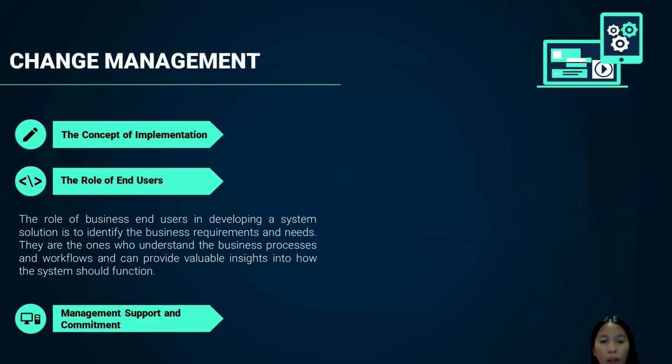Next is the role of end users. The role of business end users in developing a system solution is to identify the business requirements and needs. They are the ones who understand the business processes and workflows and can provide valuable insights into how the system should function. In any system development, the project team or the development team should always be reminded that end users have a vital role in their development.